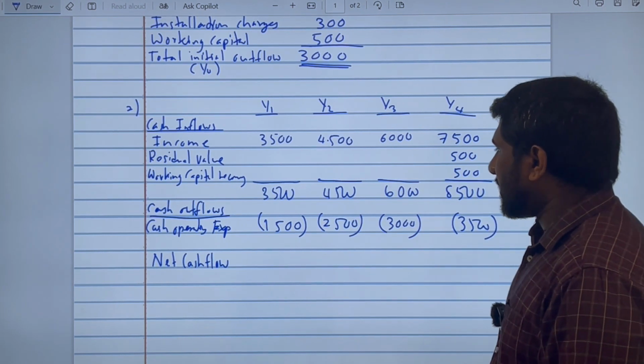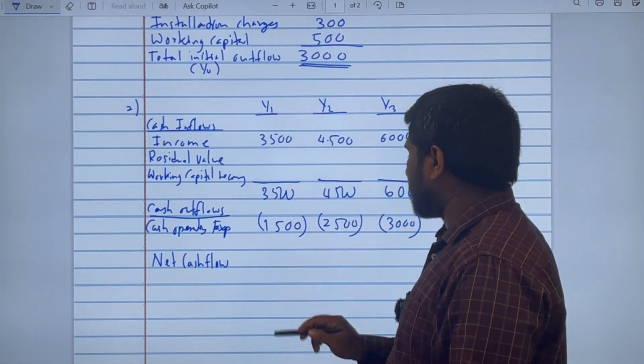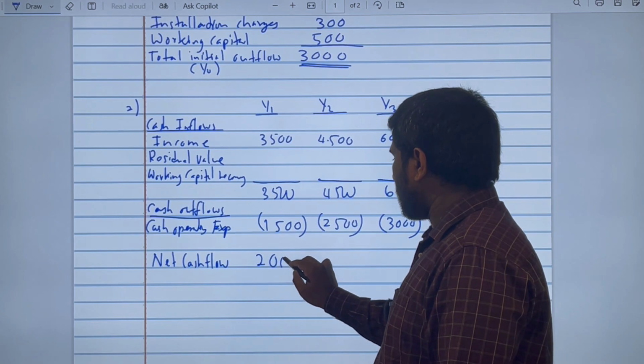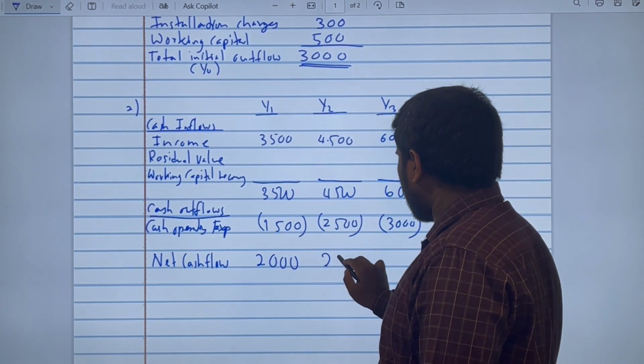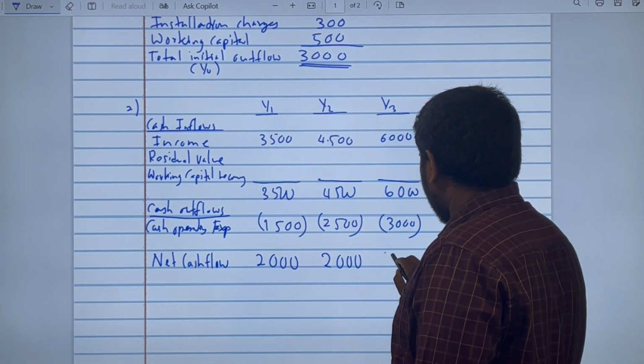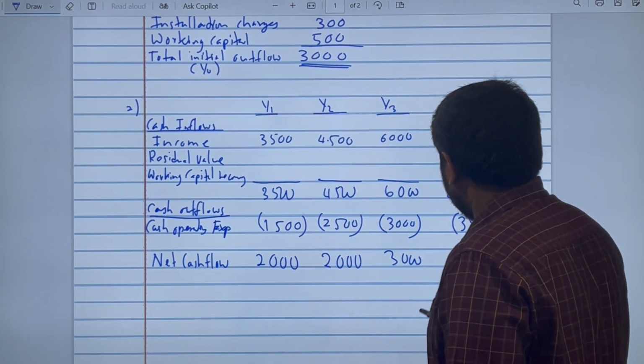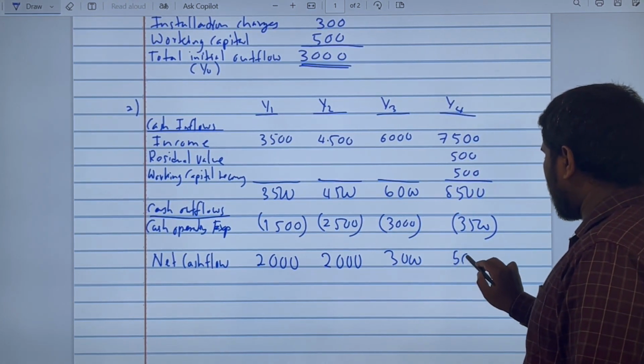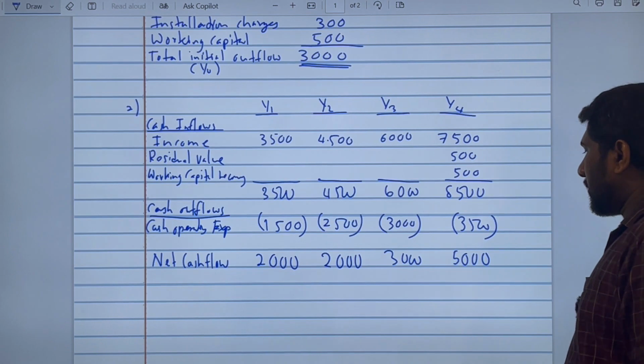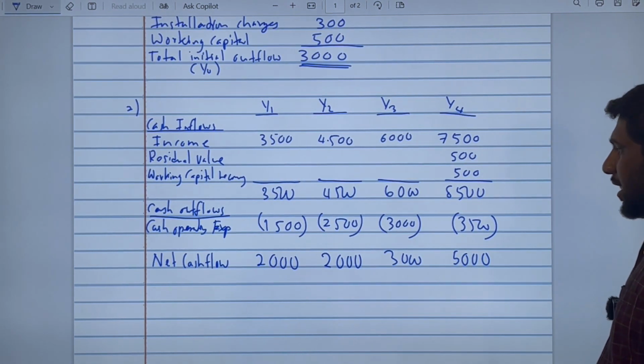Then what are the net cash flows? Inflows minus outflows. Here it is 2,000. Here it is 2,000. Here it is 3,000. Here it is 5,000. So we are done with that one as well.